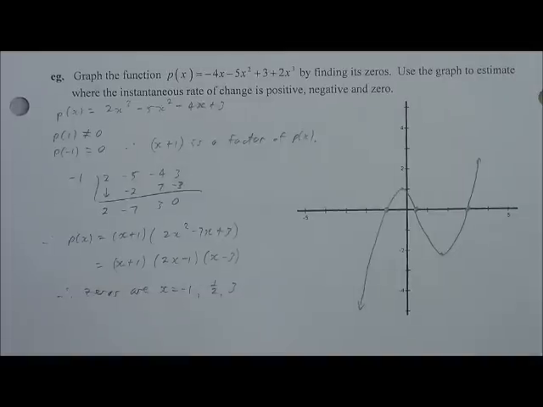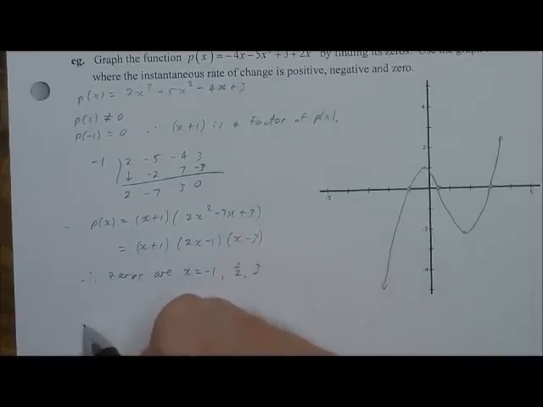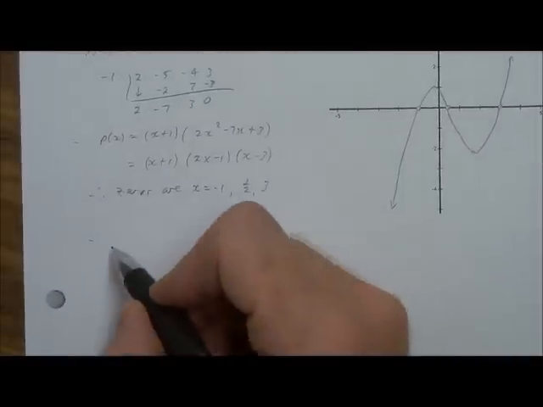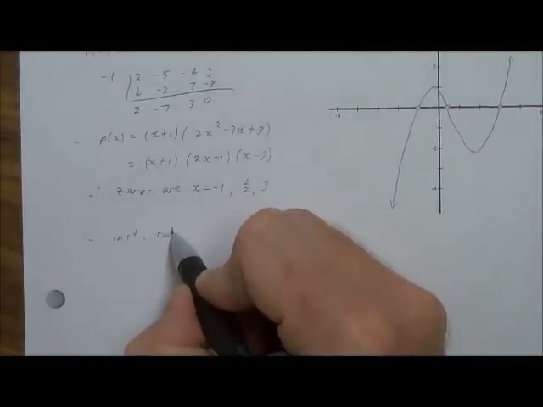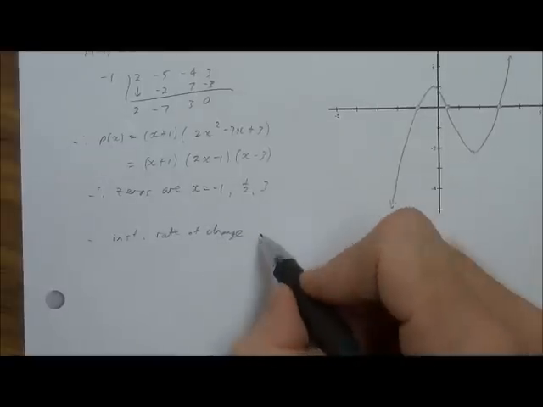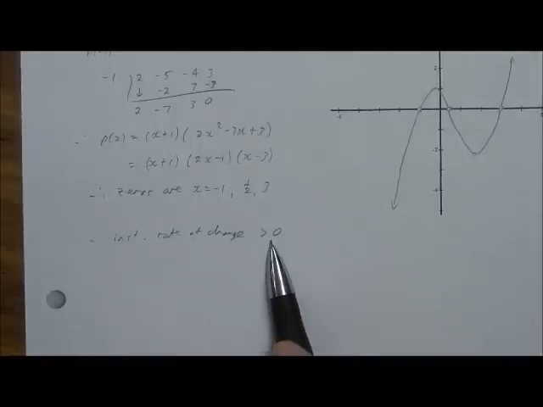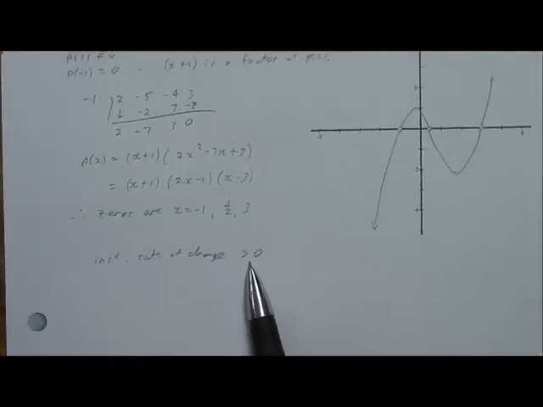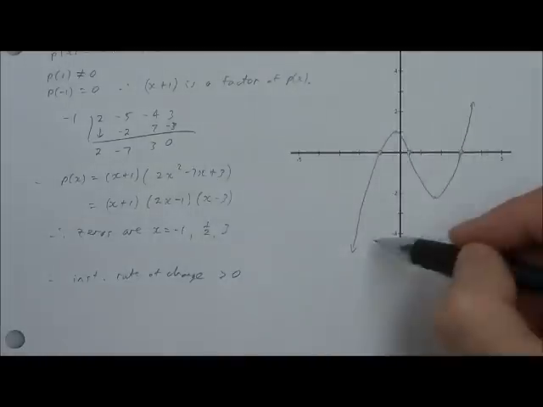And so now to find where the instantaneous rate of change would be positive, negative, and 0, so the instantaneous rate of change is positive or greater than 0 everywhere where the function is increasing.